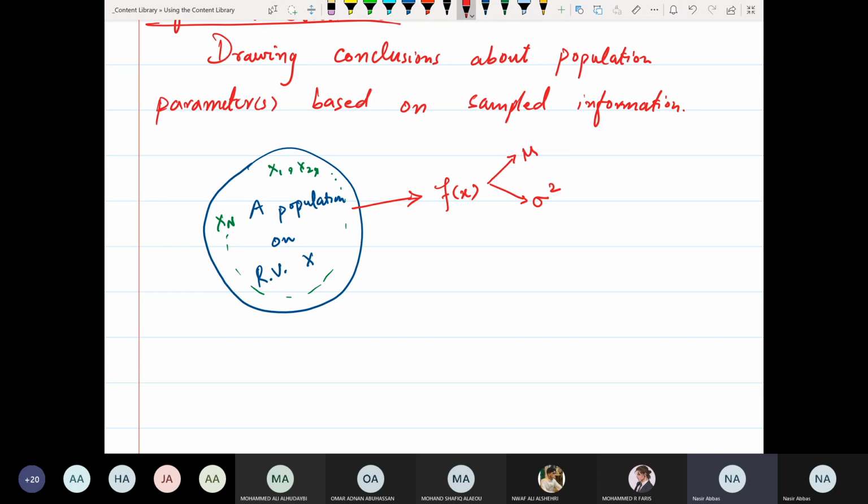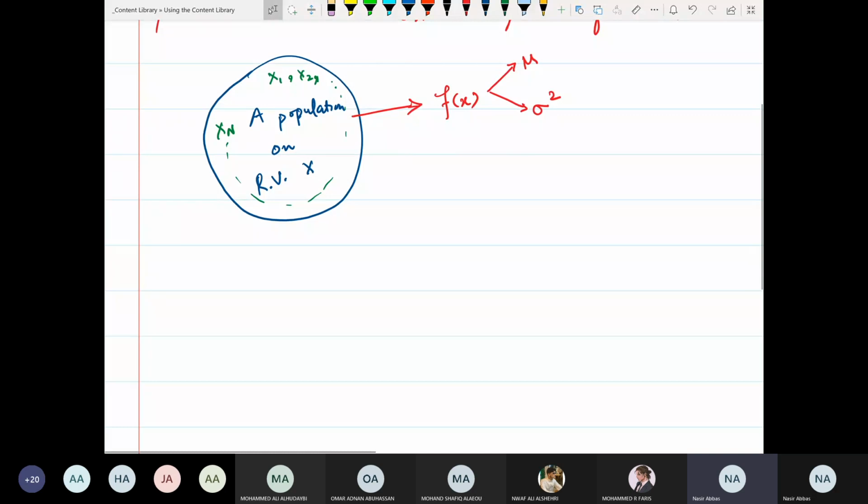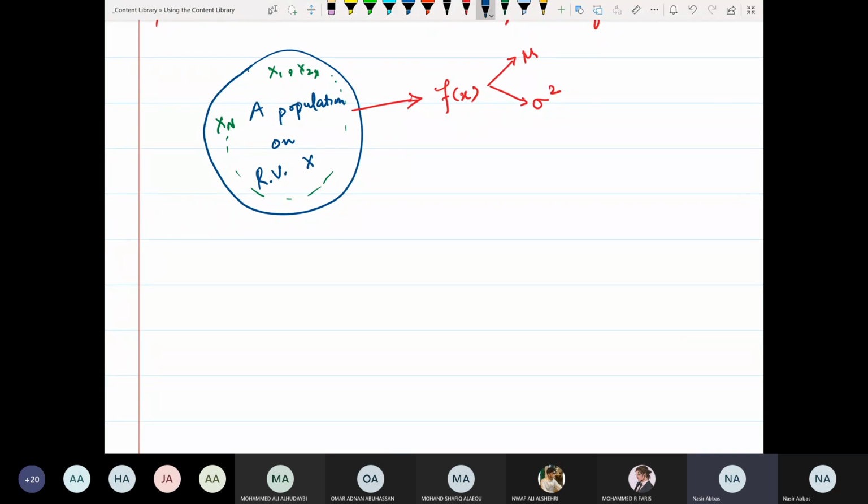To estimate these population parameters, what do we do? We pick a sample from this population. That sample is x1, x2, all the way up to x small n. The size of the sample is n. What do we do from this sample? We calculate x bar, that is the sum of observations divided by the number of observations.